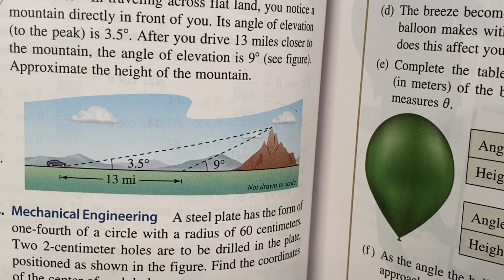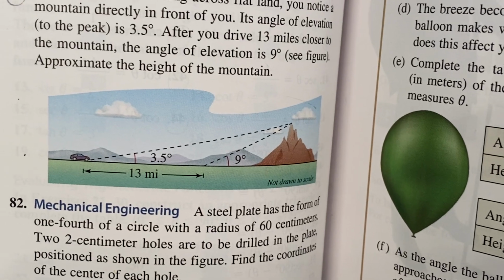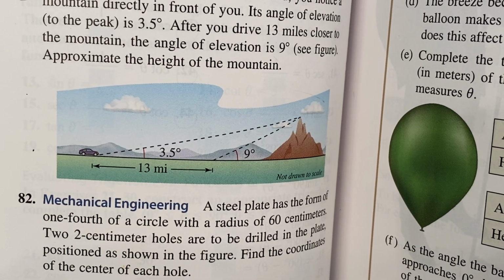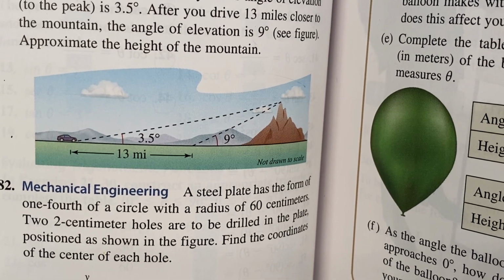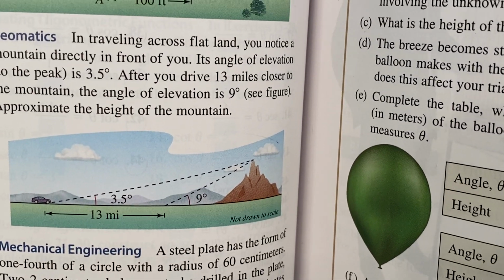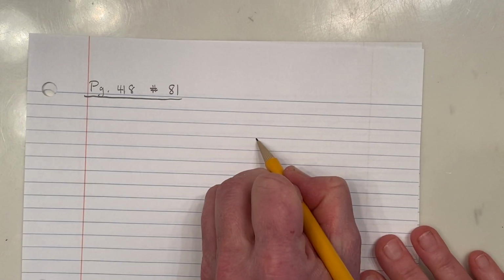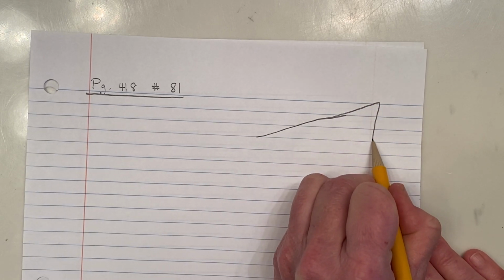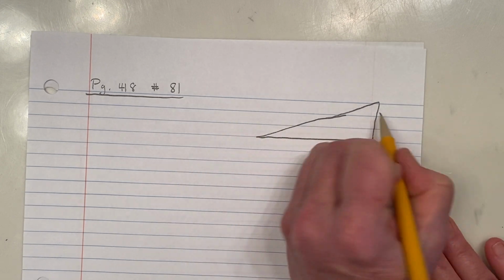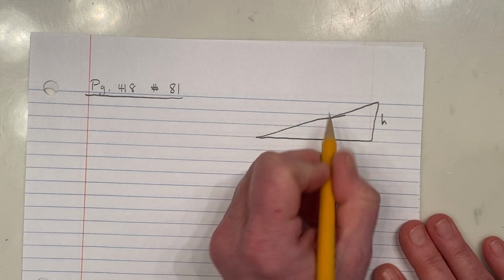So we're going to recreate this picture on our paper. I didn't have room for this on the printed sheet, so we'll just do this on notebook paper. We're trying to find the top of the mountain. I'll just put H for the height of the mountain.